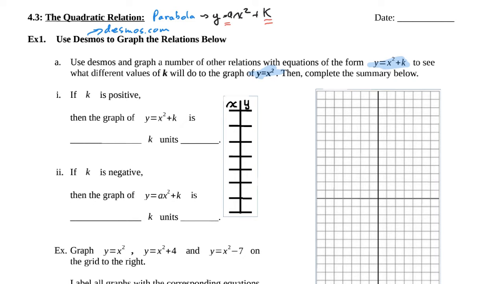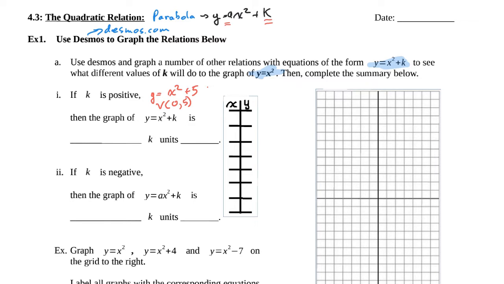Think about what we did. We had our first graph for this. So if k was positive, an example of our graph was y equals x squared plus 5, right? And its vertex was (0, 5). So remember, (0, 5), there's a matching number there.